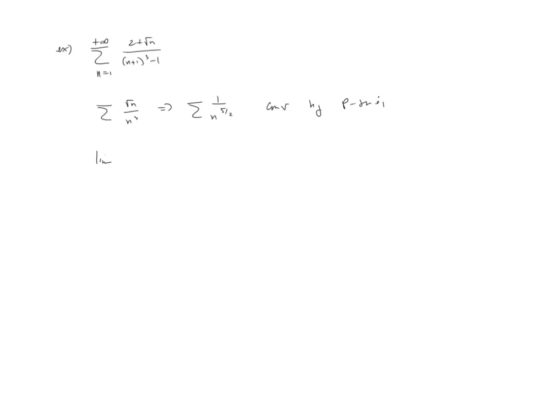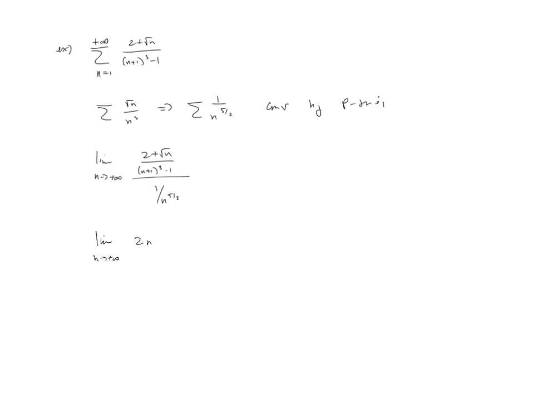Now, to set this limit up, the limit is n goes to positive infinity. We've got our original over the one we came up with, which would be 1 over n to the 5 halves. Okay? So to simplify this, I'm essentially just going to flip that around, and I will go ahead and distribute it into both of those. So that's going to be limit as n goes to positive infinity.